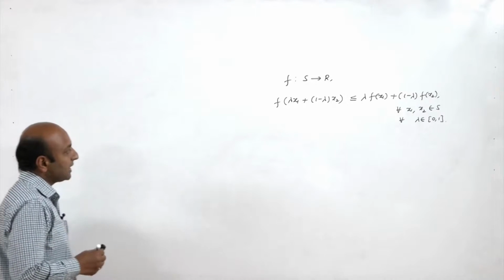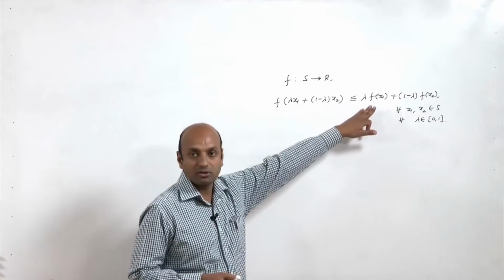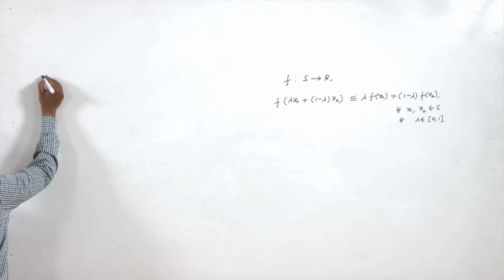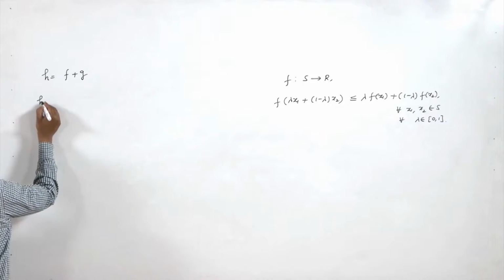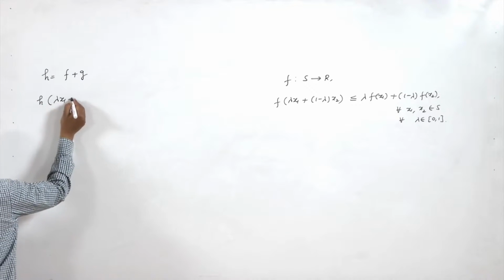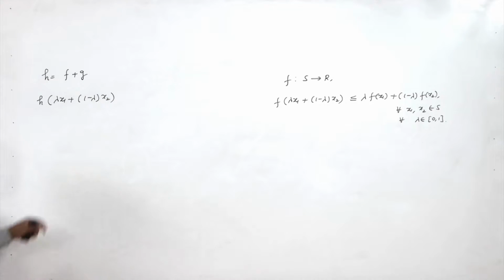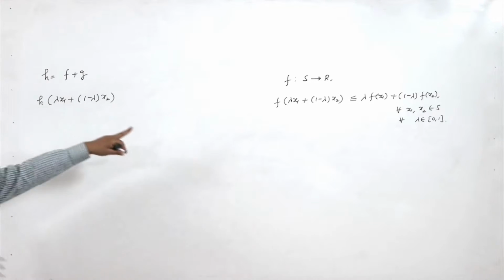Then to show that f plus g is a convex function, we have to show this definition. Okay. So, you take h as f plus g. So, for h of lambda x1 plus 1 minus lambda x2, we have to show that this is less than or equal to lambda h(x1) plus 1 minus lambda h(x2).